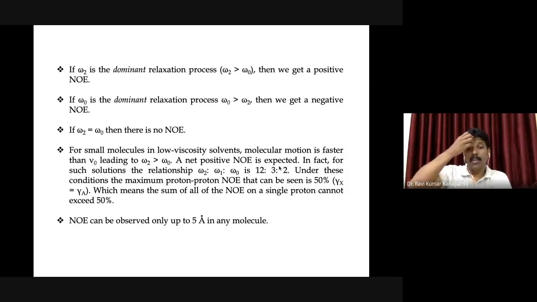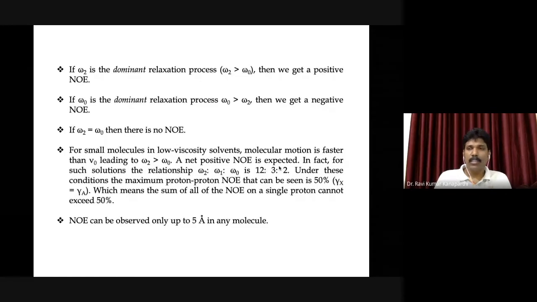Okay, why? Because through space and through bond, both interactions follow different mechanisms and different formulas. If you remember correctly, if it is through bond, the interaction goes as 1 over r cubed. If r is increasing, it goes as 1 over r cubed.